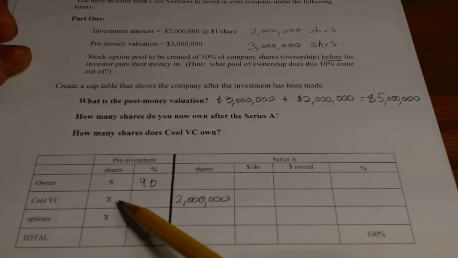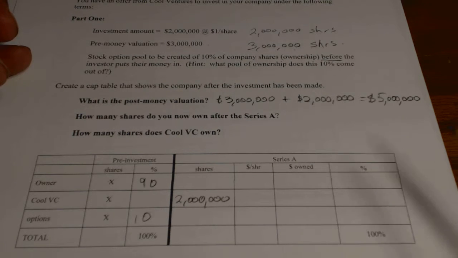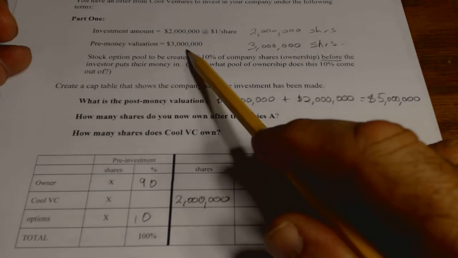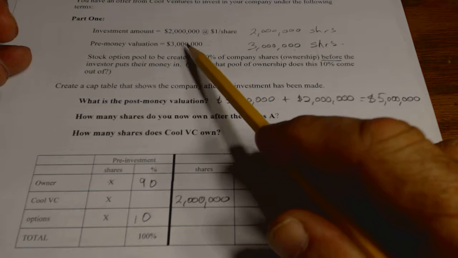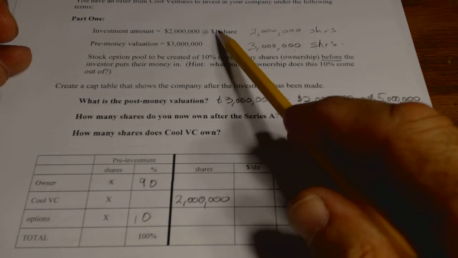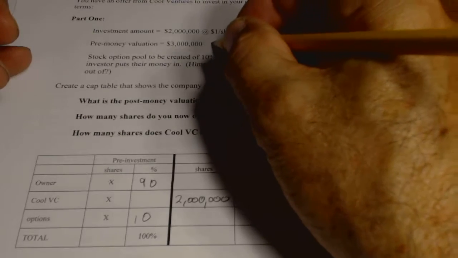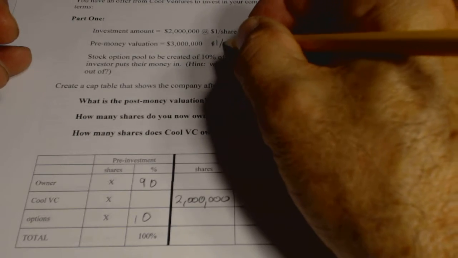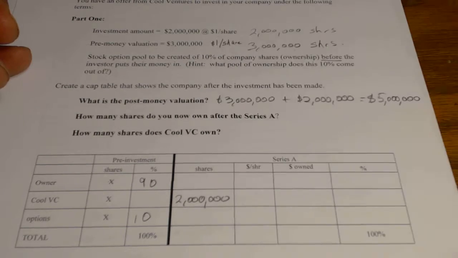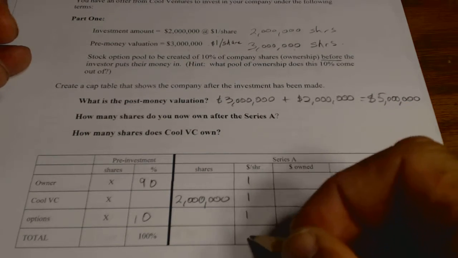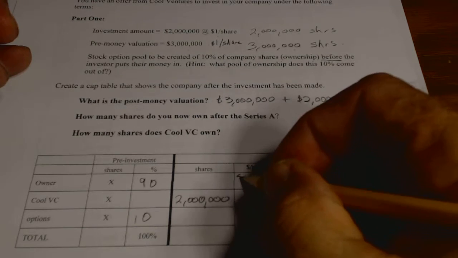And remember, Cool VC doesn't invest until the Series A. So what they're saying is, you knew that your pre-money valuation was $3 million, so let's just work with what we've got, and they were buying in at $1 a share. So that means yours is going to be $1 a share also, right? Because they're all at the same price at that point. Okay, so everything's $1 a share, $1 a share, $1 a share.